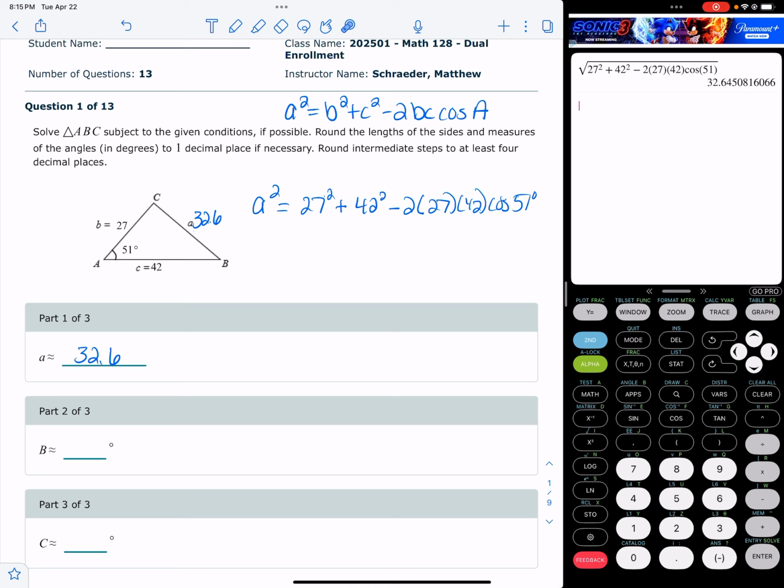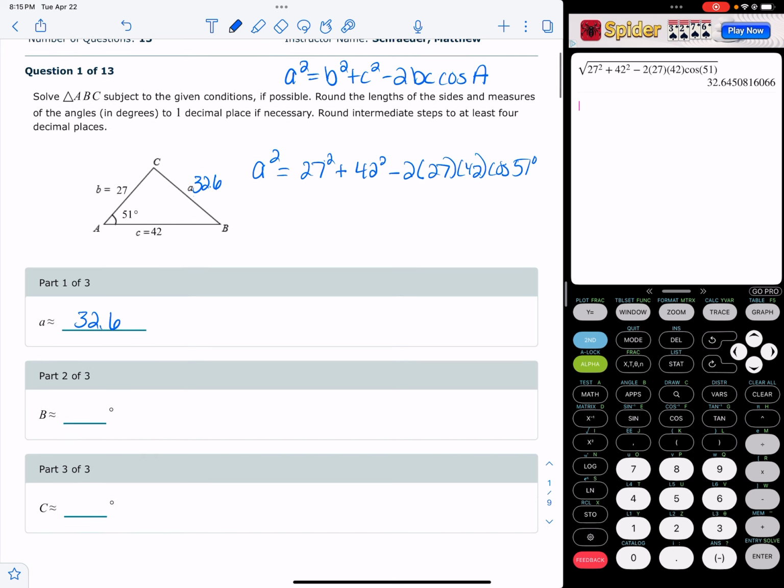Okay, so now we can go to side B. You would think that you could potentially use law of sines here because you do have a side and its opposite angle, but because law of sines can sometimes result in two triangles, that could happen here, and you have to figure out which triangle is right and which is the wrong triangle. So I have a little rule that says if you start with law of cosines, you finish with law of cosines.